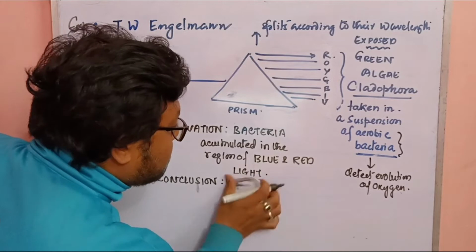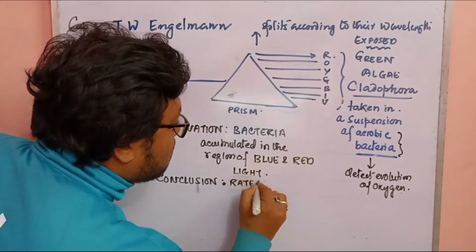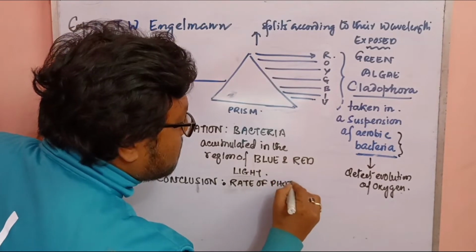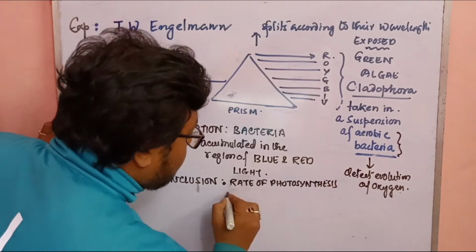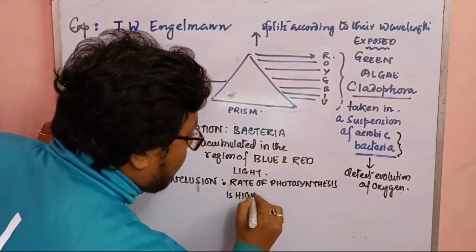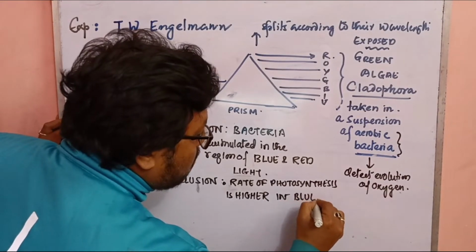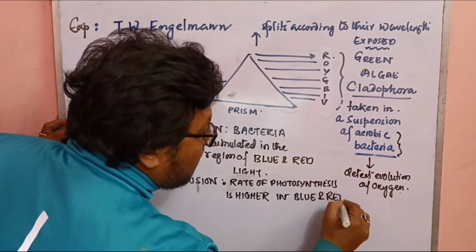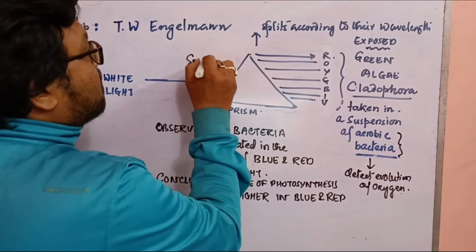rate of photosynthesis is higher in the blue and red region of the spectrum. We call this a spectrum, isn't it?